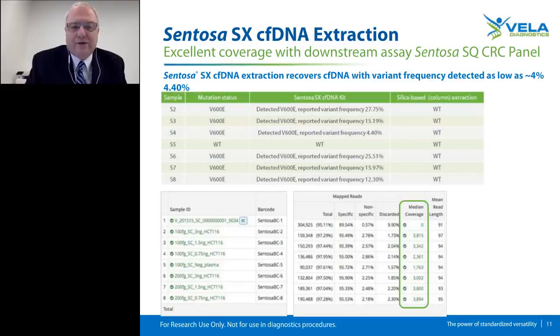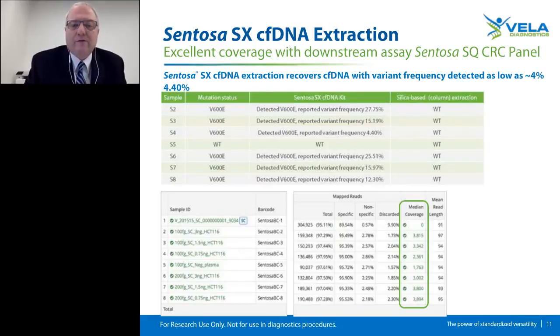In the Sentosa SQ-CRC panel, what we did was we took negative plasma material and we spiked that negative plasma material with known quantities of cancer cell line. And these are the results that we obtained for 7 individual samples. Remember, there's always one control associated with the system as well.